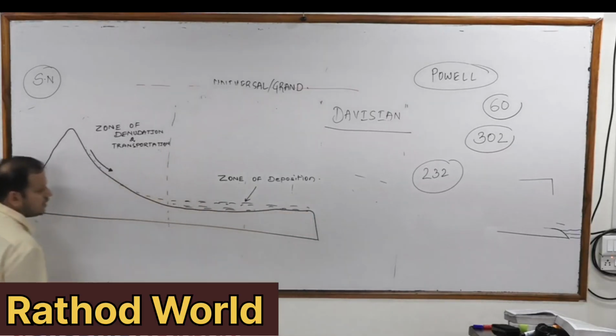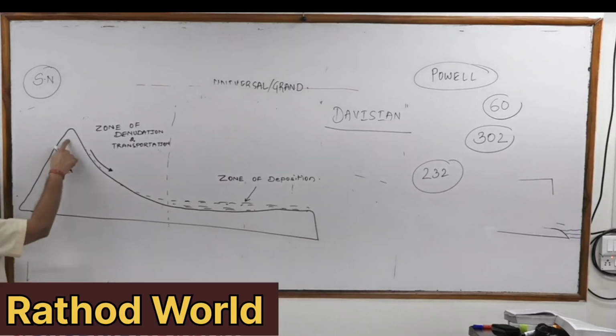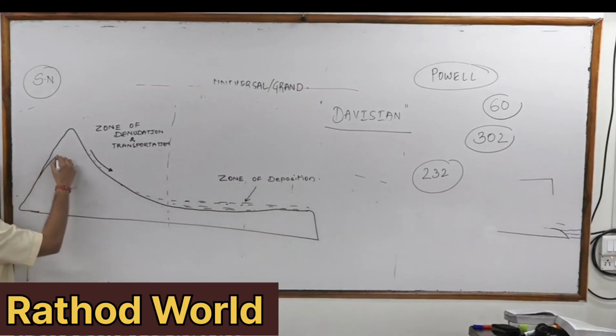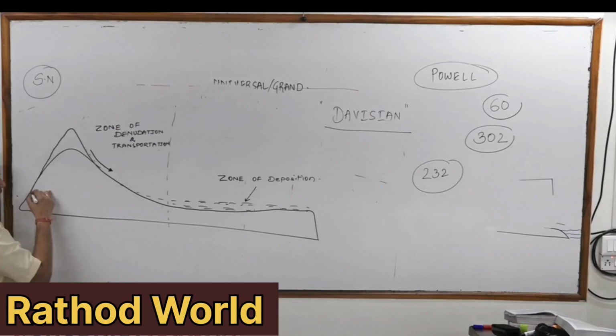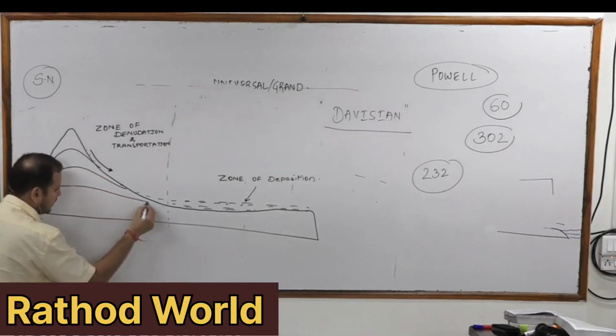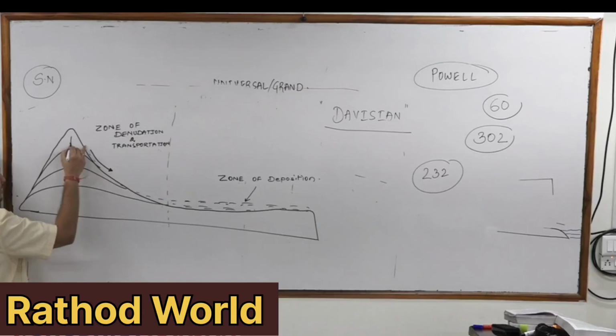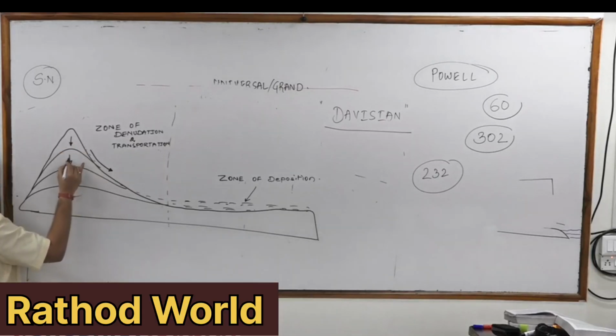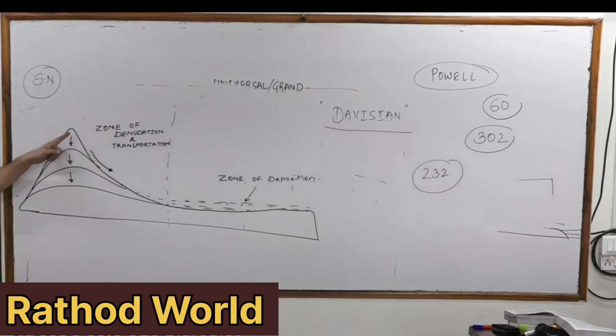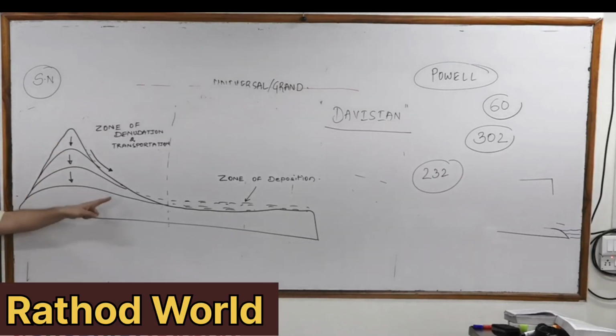But when these materials are being deposited here, what will happen to this? Its height will decrease. Its height will further decrease. Getting it? And now draw the diagram. And thus what is formed? A mountain has now become a peneplain, convexo-concave.